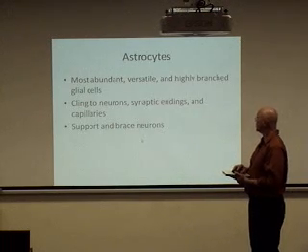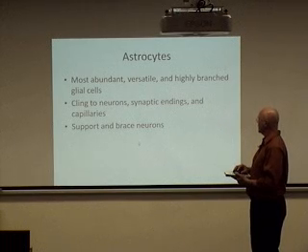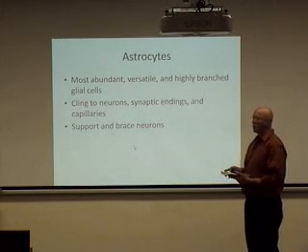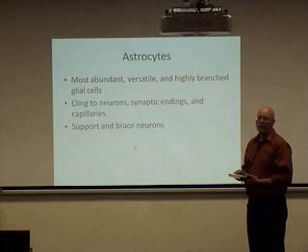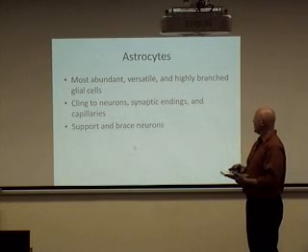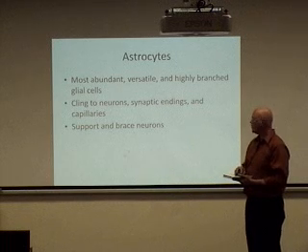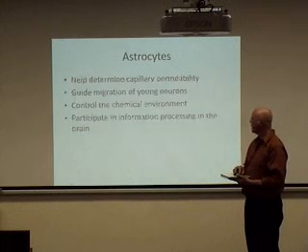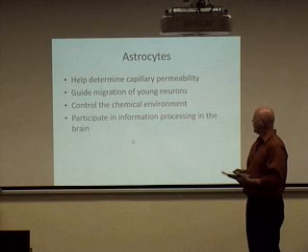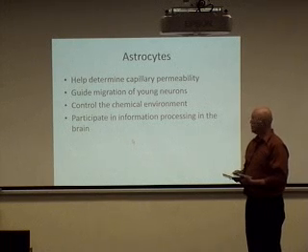The first one, and the most abundant, are the astrocytes. Their function is to support and brace and kind of protect the neurons. They will interact with both the neurons and the capillaries. They're also involved in maintaining the correct chemical environment of the nervous tissue.